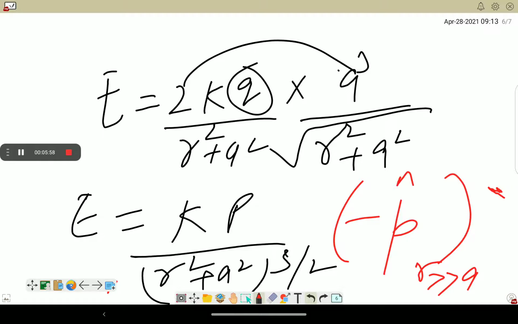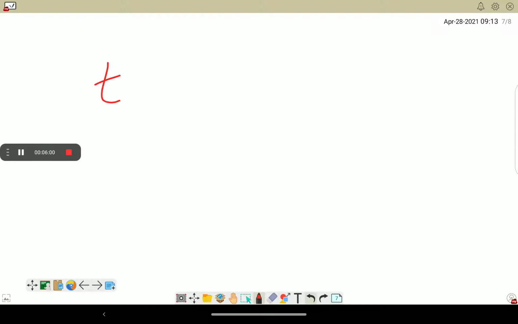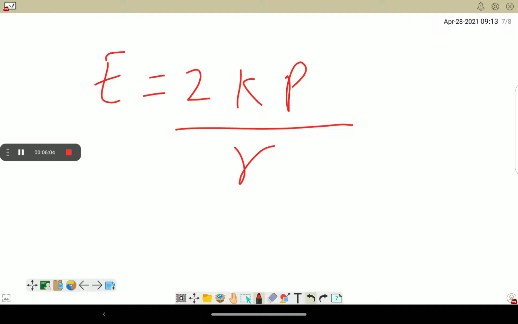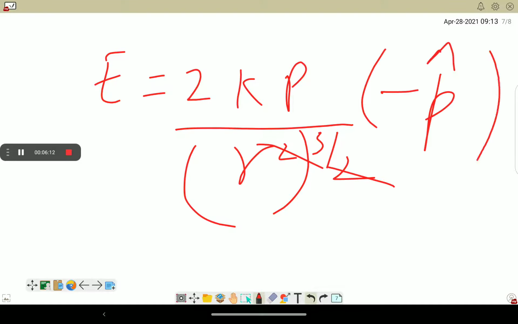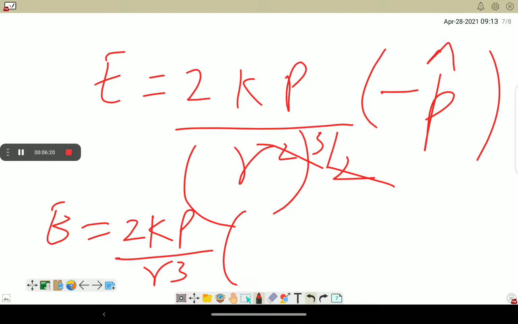If you neglect a square, the power 3/2 gives r cube, so E is kp upon r cube, and the direction is minus p cap. So what is coming for a far off point? kp upon r cube, in the minus p cap direction.